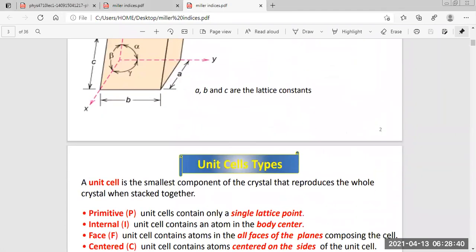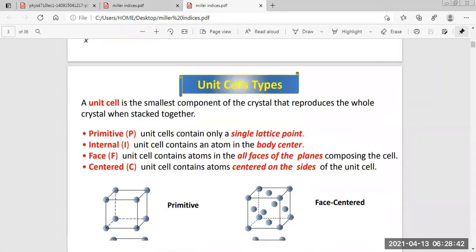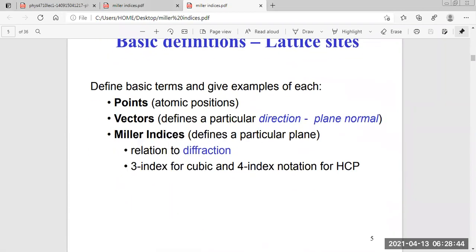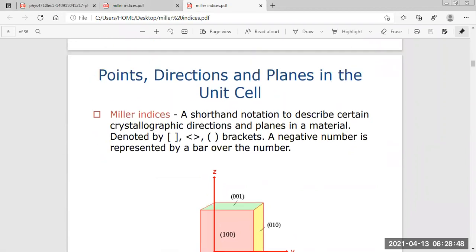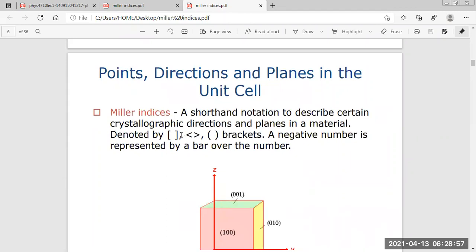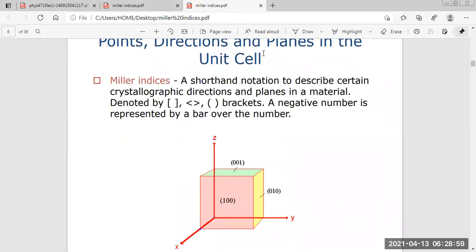First of all, in order to understand it very clearly, we just have a basic definition of this, right? Everybody can see this, right? See, the points, direction, and the planes in the unit cell. Unit cell, just now we discussed, is the smallest geometrical figure which can be drawn in 3 dimensions, right?